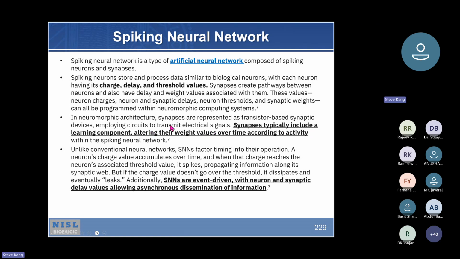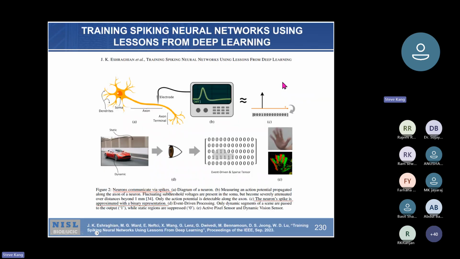So there's potentiation and depression. Unlike a conventional neural network, SNNs factor timing into their operation. So SNNs are event-driven with the neurons and synaptic delay values, allowing asynchronous dissemination of information. So that's a highlight of spiking neural networks.